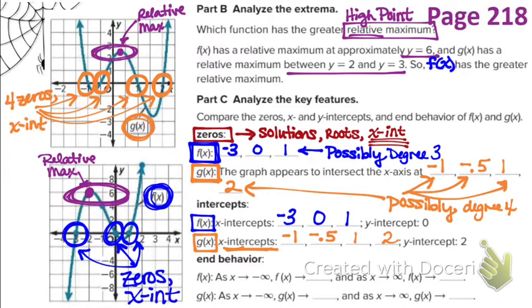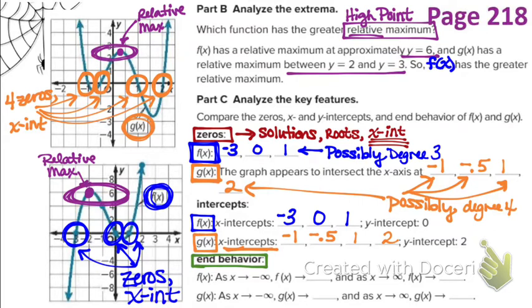All right, end behavior. Talk to me about the end behavior for f of x. This guy down here. What's happening with my ends? Right side is going up, left side is going down.